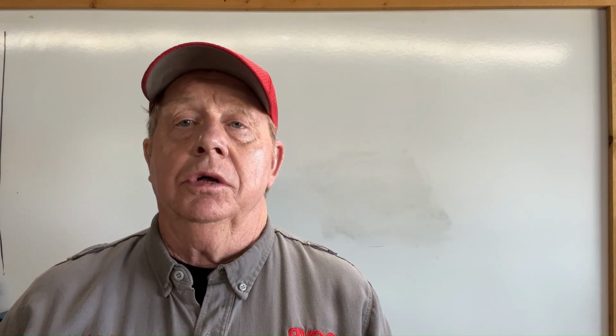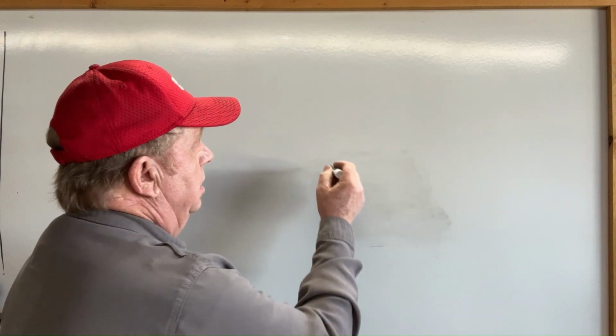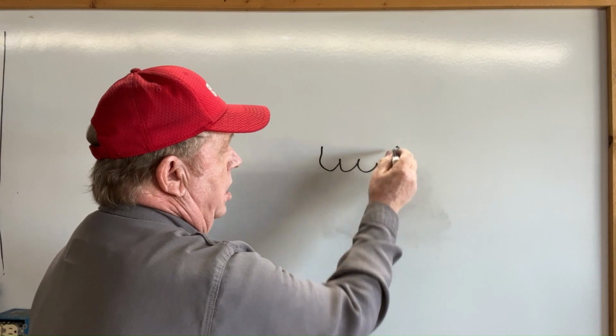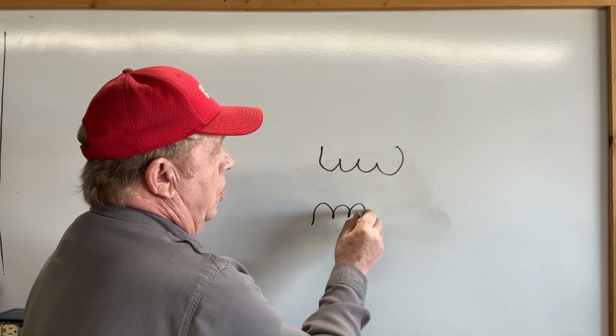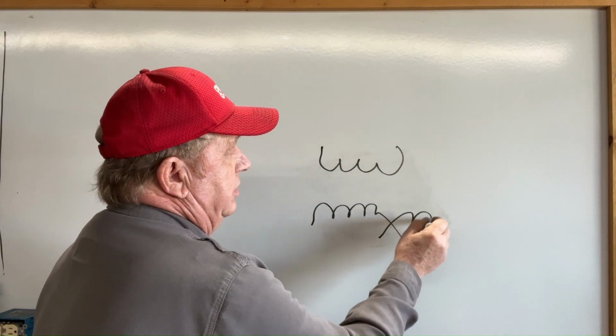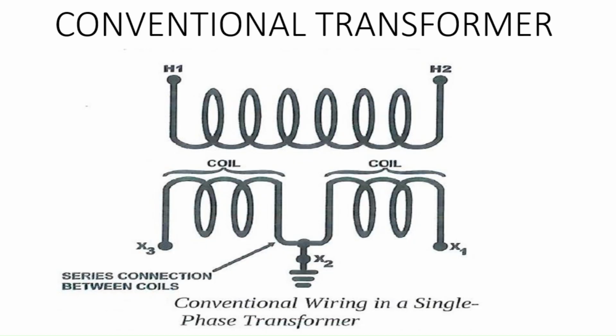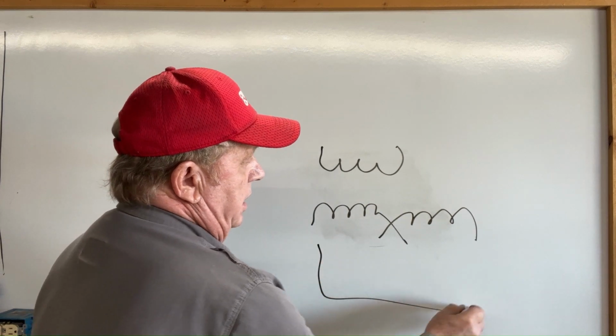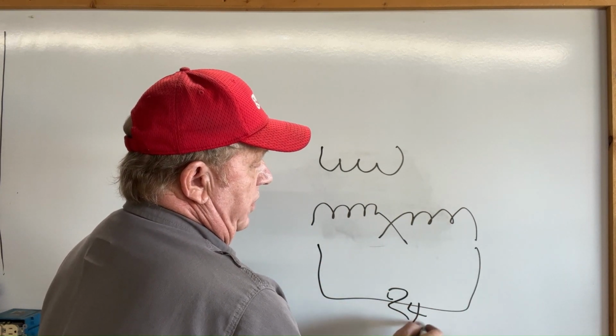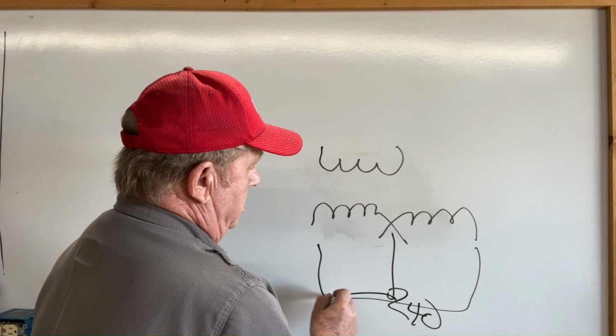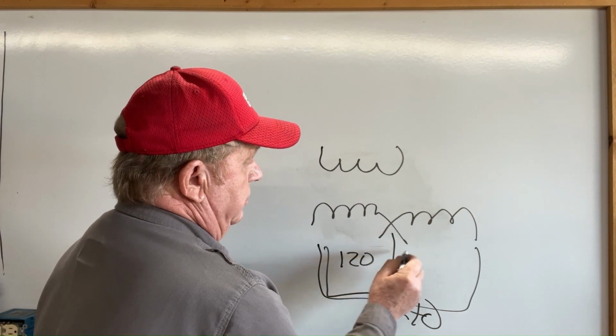The conventional transformer that we hang every day to serve a residence is built with a primary coil and then a secondary coil that looks like this. From here to here is 240 volts. From here to here is 120 volts.